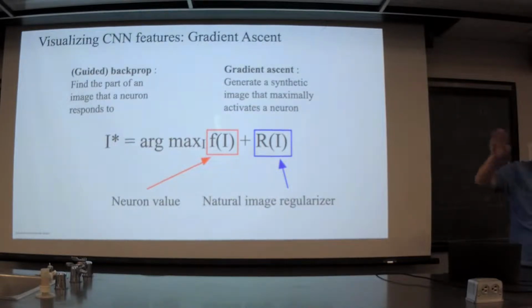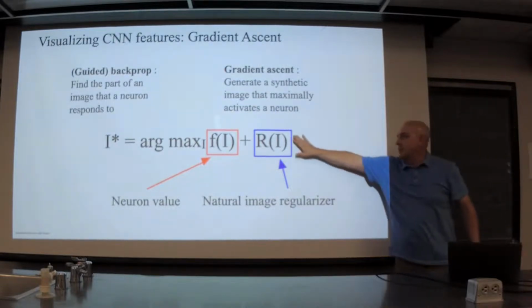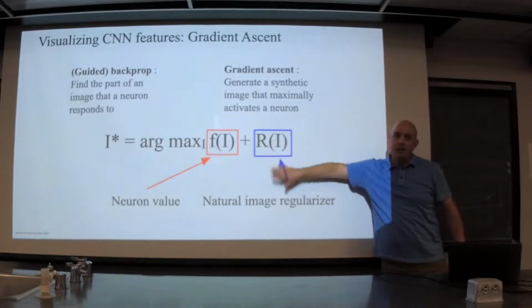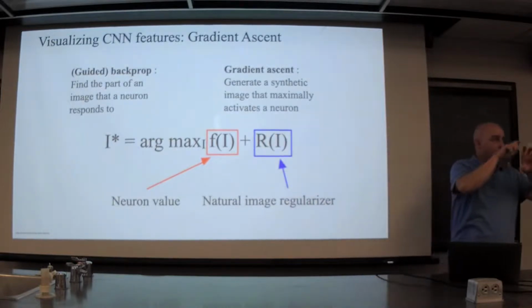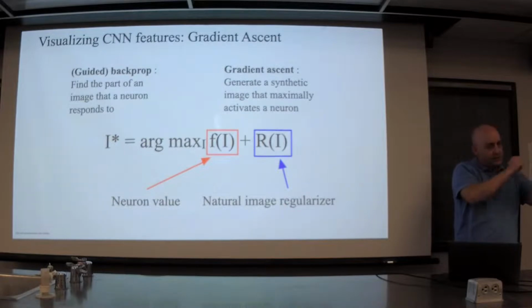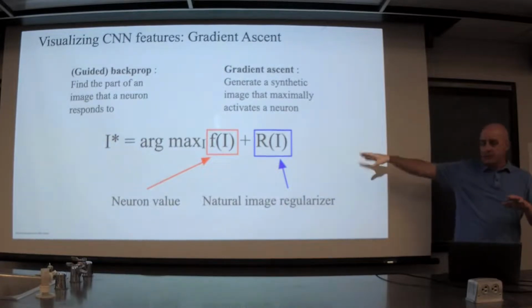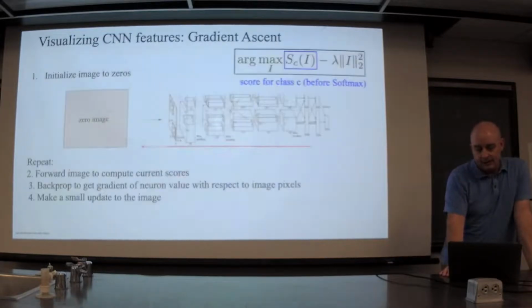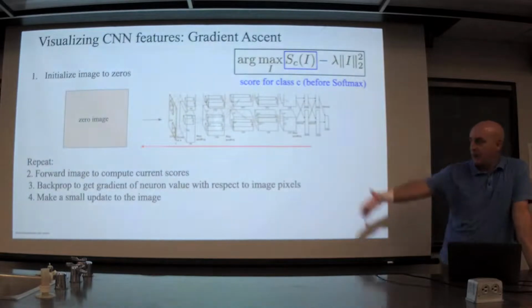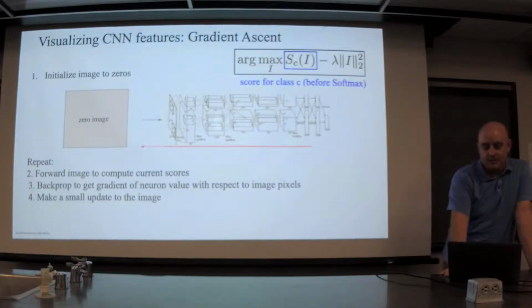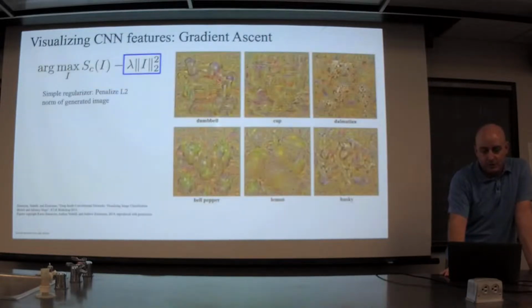We tend to see smooth transitions, so this will penalize an arrangement of pixels with very sharp transitions from pixel to pixel, and smooth it out. If we do gradient ascent, starting from, in this case, a zero image, then we can produce these images, and it's super cool.